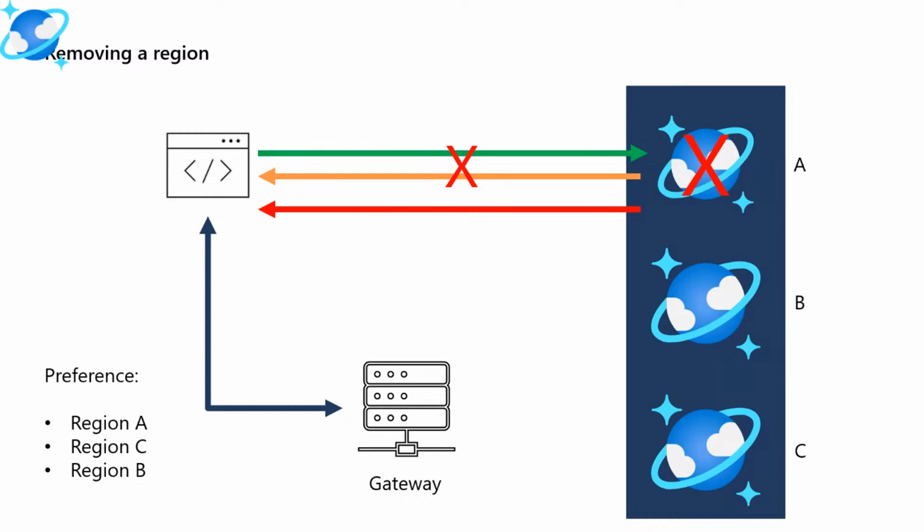So if I just remove the region A on the portal, that will return to me region B and C. If the region A is still part of my account, but there is a regional failure, that region will be marked as unavailable on the SDK, so the SDK won't see it anyway.